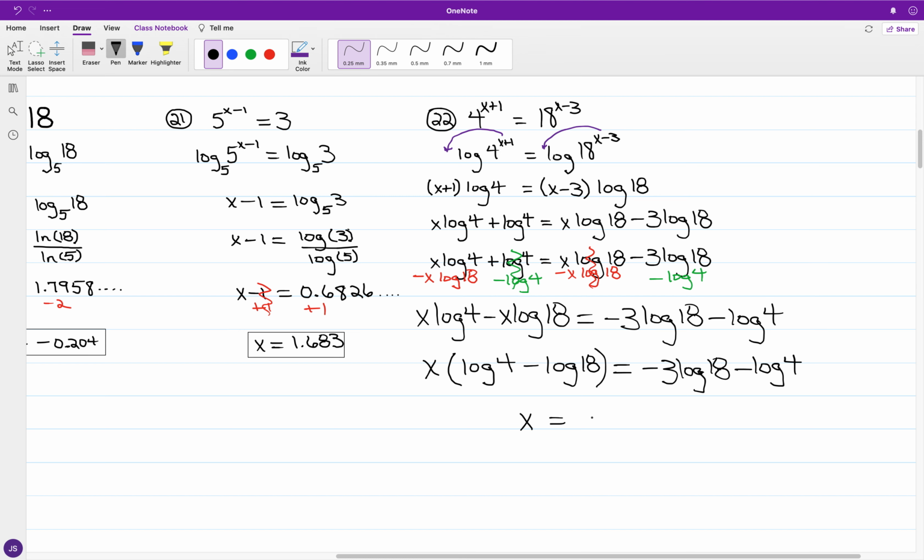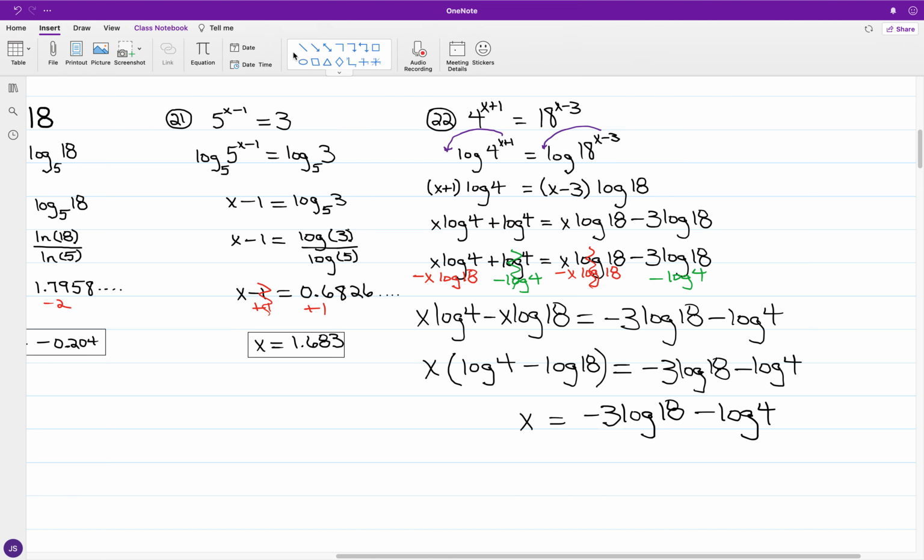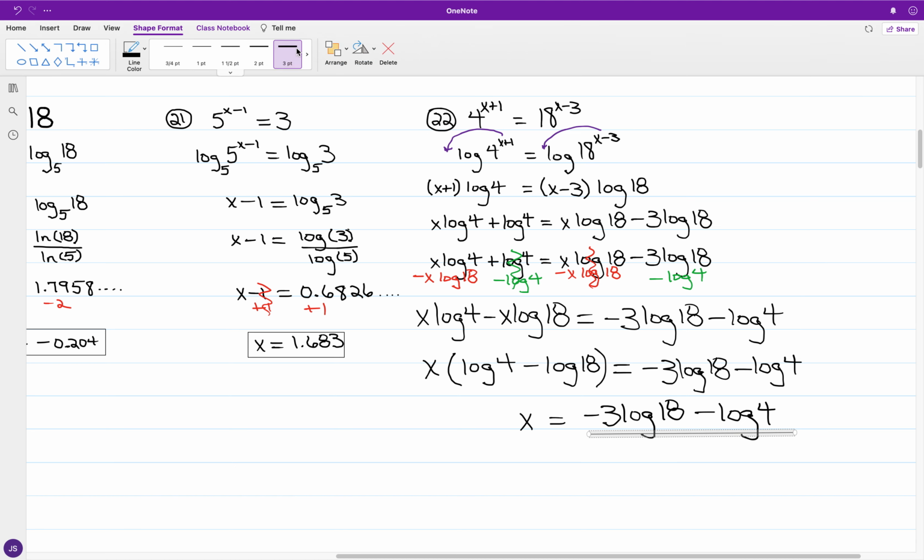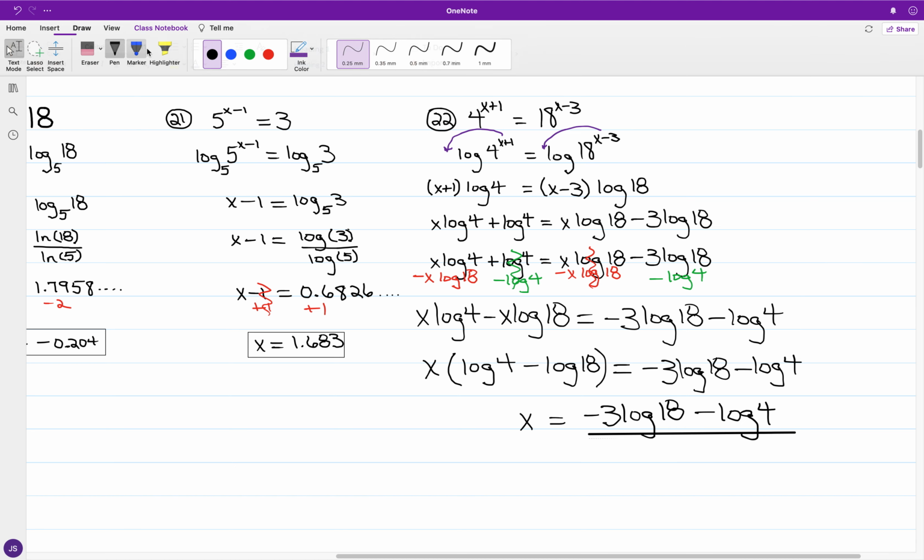So we have a ratio here whereupon we have negative 3 times the base 10 logarithm of 18 minus the base 10 logarithm of 4, all over the base 10 logarithm of 4 minus the base 10 logarithm of 18.